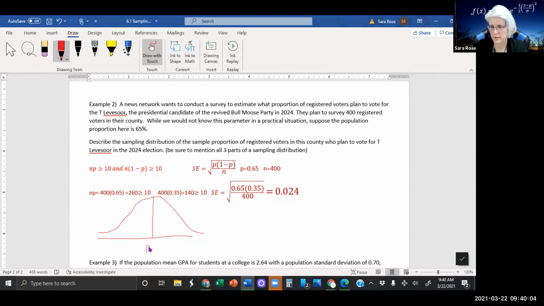So our proportion here of our sample, so it's p hat, would be the population proportion, because as we resample and resample and resample, the mean of all of the populations of our samples approaches the, that's interesting, population proportion. And our standard error here would be 0.024.